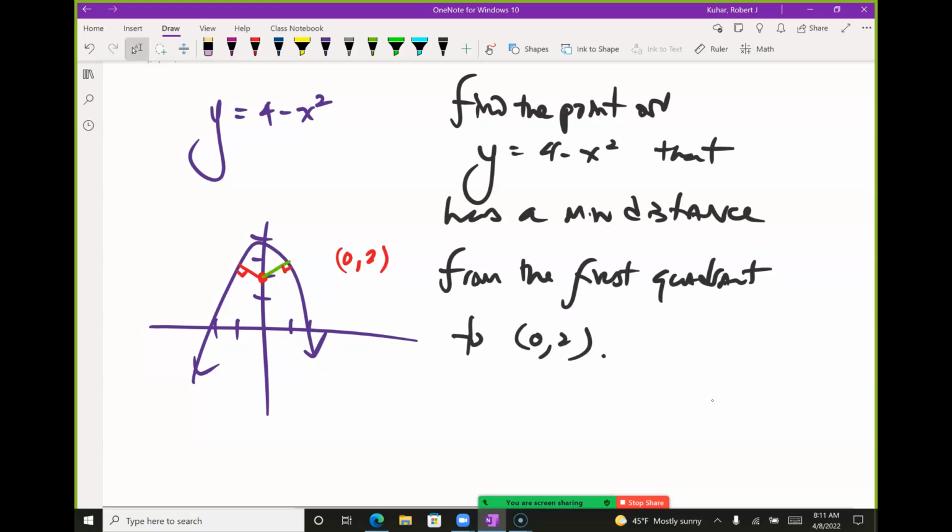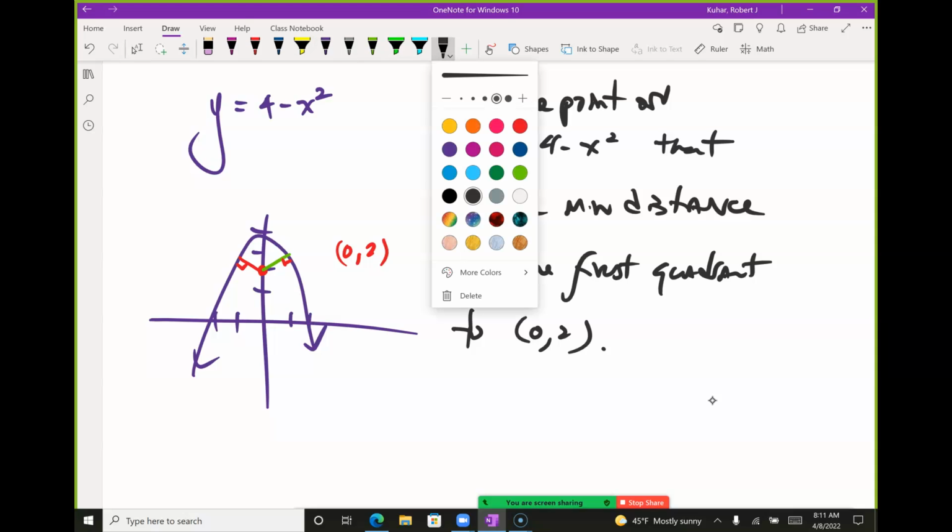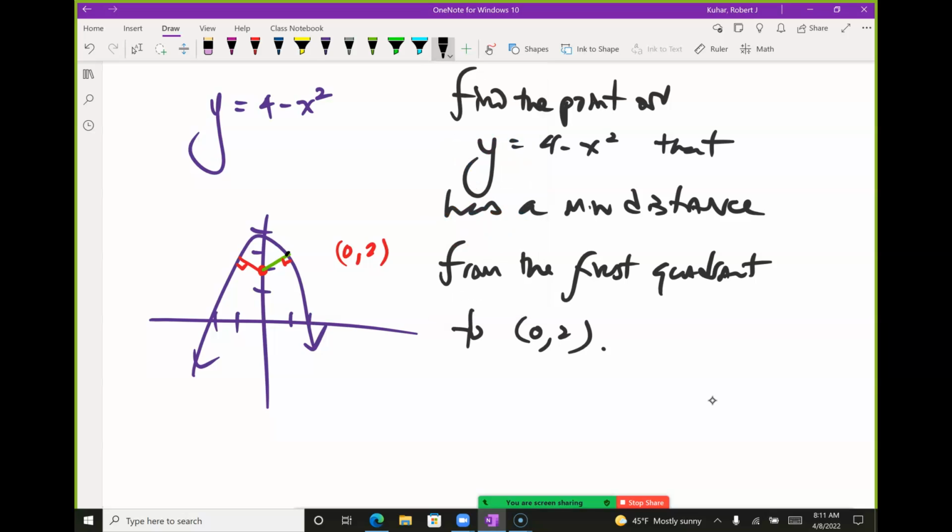Okay, so what is our arbitrary point here on this curve? What is our arbitrary point that we need here? There it is. It's (x, y), right? But I'm going to substitute the y with 4 minus x squared, right?